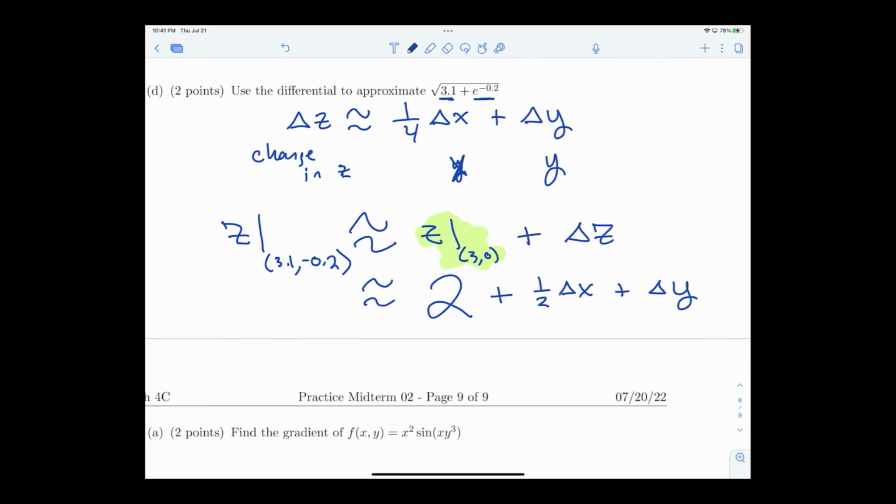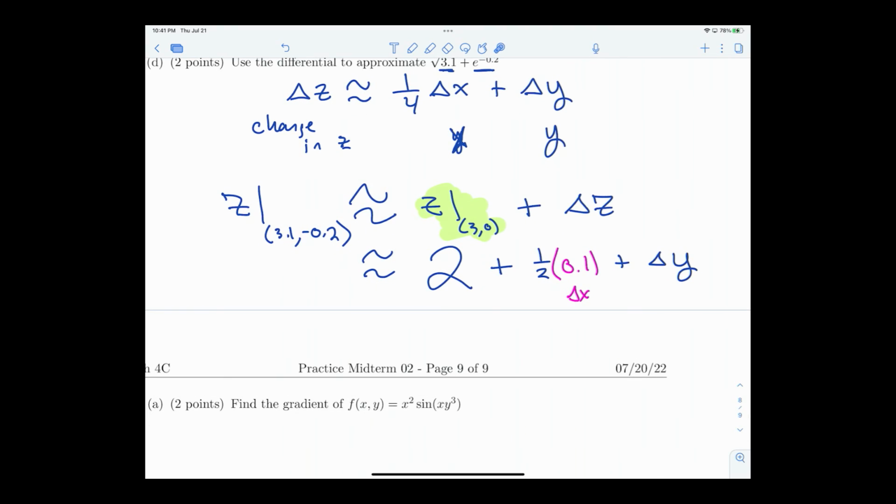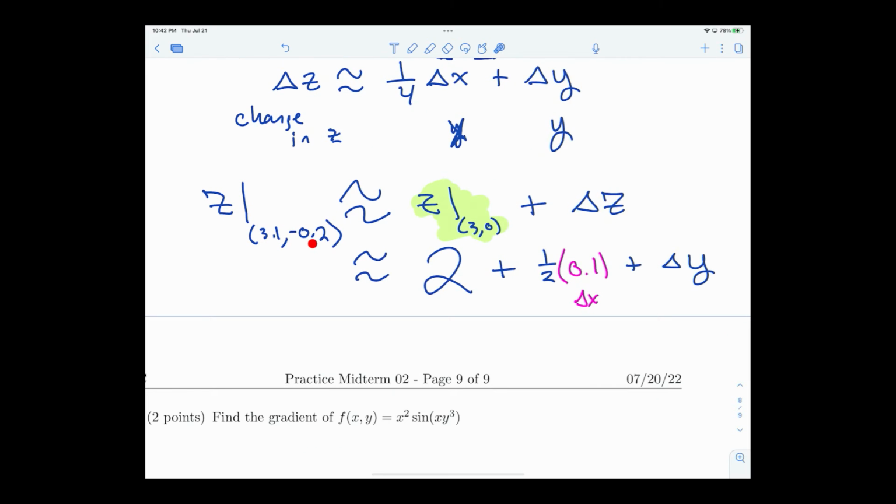Those are the changes from the point (3, 0). If you go from 3 to 3.1, then x went up by 0.1, so delta x is 0.1. And if the y value goes from 0 to -0.2, then delta y is -0.2.